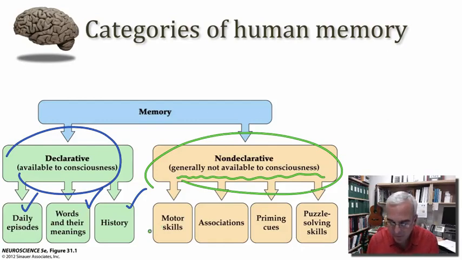In this category would be motor skills, for example: learning to ride a bicycle, learning to ice skate, or learning to do some other motor skill that once acquired seems to be with us perhaps for life, depending upon how often we practice and resurrect that skill.